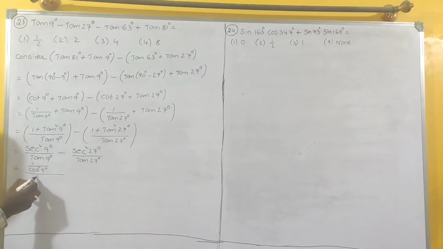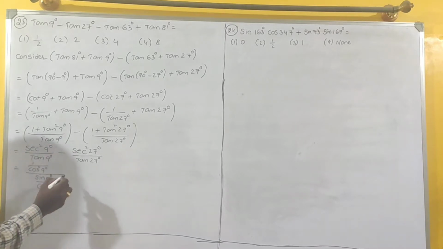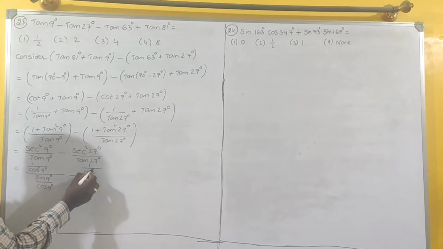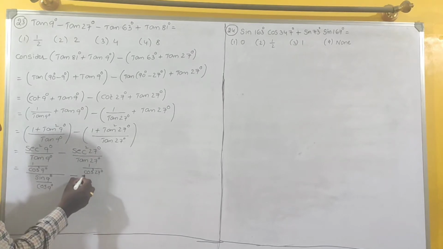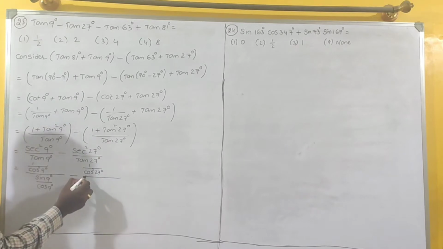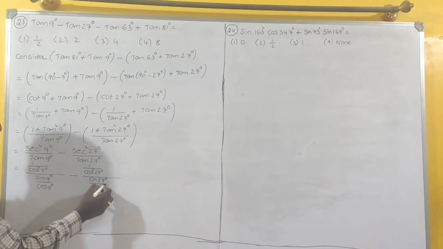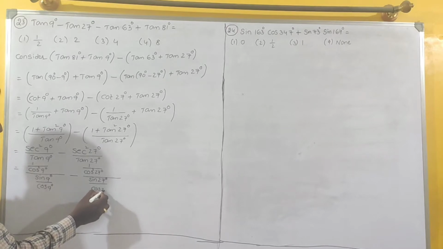Tan I can write as sin by cos. Here also secant square I can write as 1 by cos square 27, and tan can be written as sin by cos.